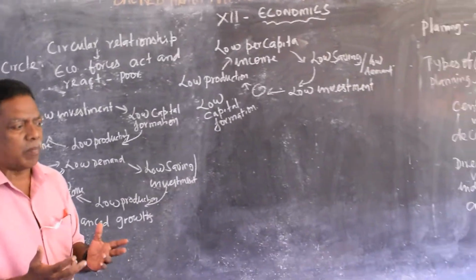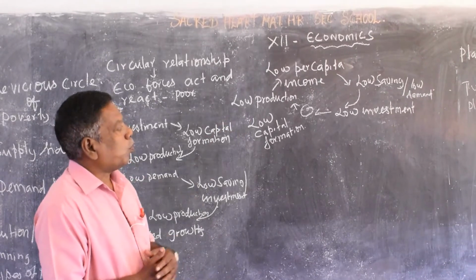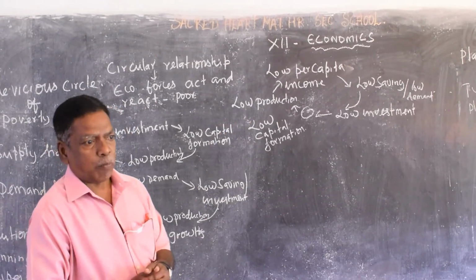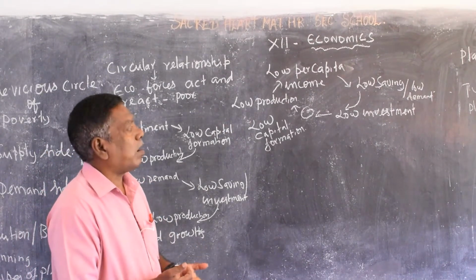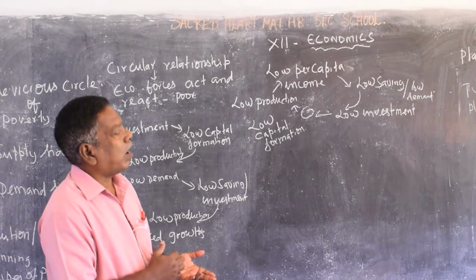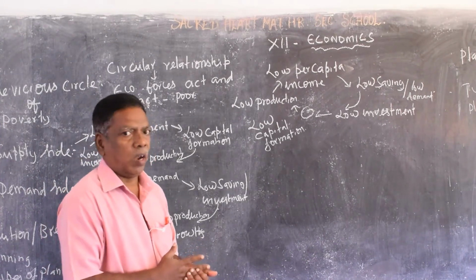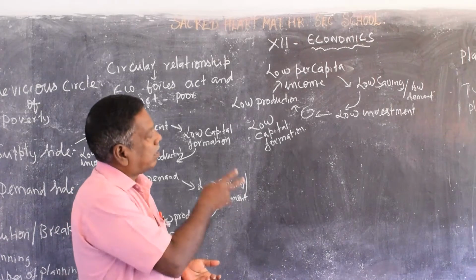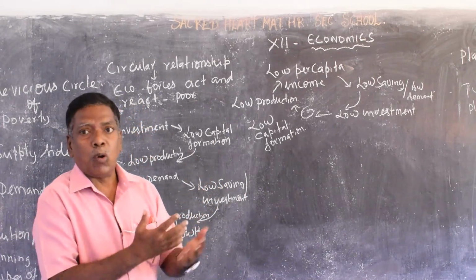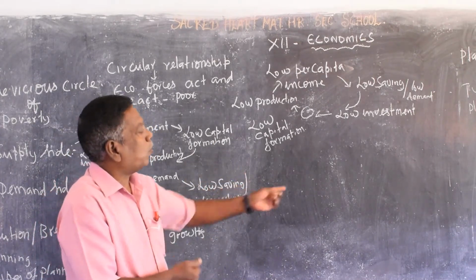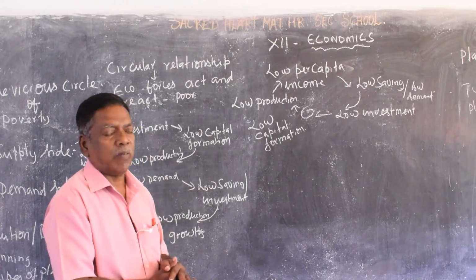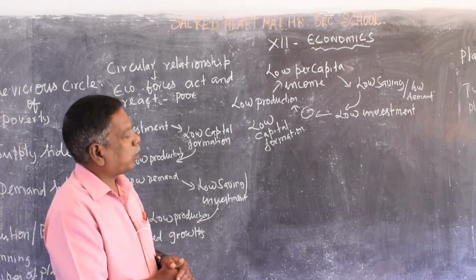When the per capita income is low, it leads to a low amount of saving potentiality, or otherwise a low level of demand. When there is low saving and a low level of demand, it leads to a low level of investment, very little investment.